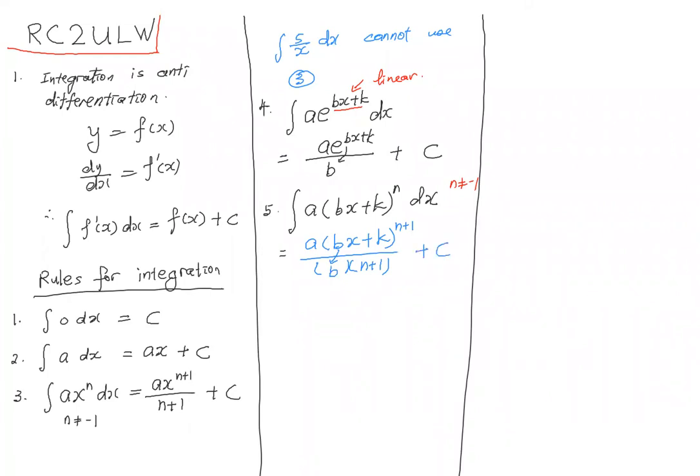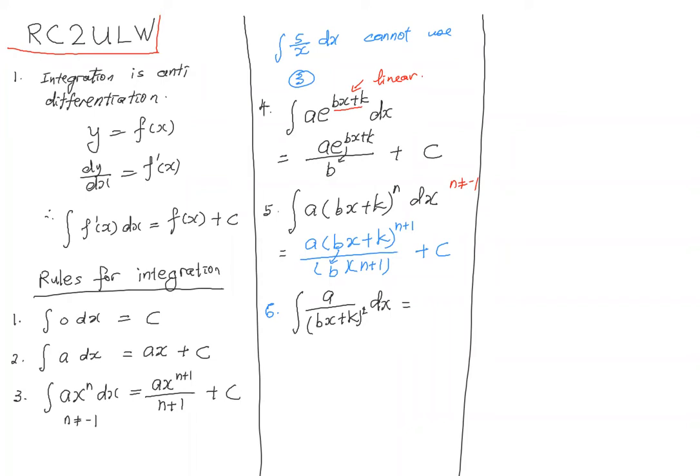The sixth one that we talk about is I have a number divided by a linear expression at the bottom. So this one means the power is -1.